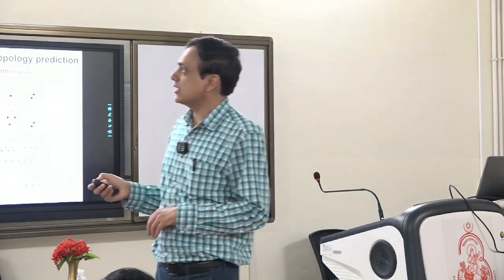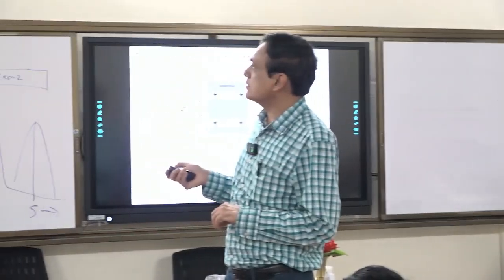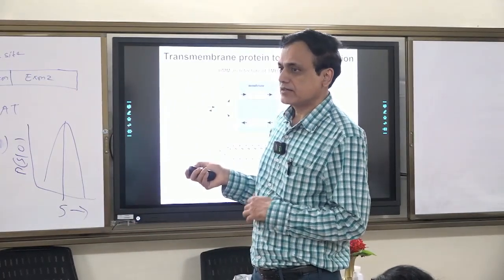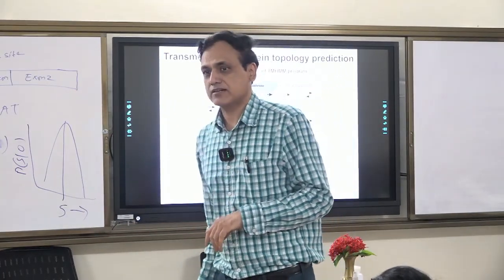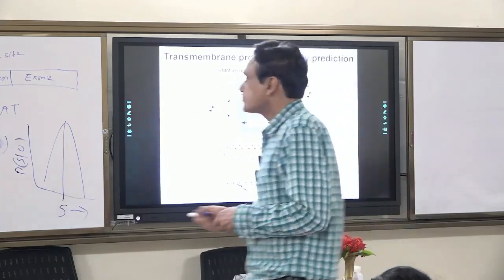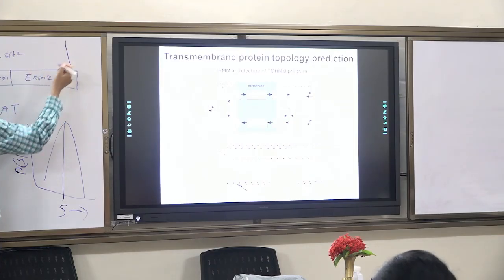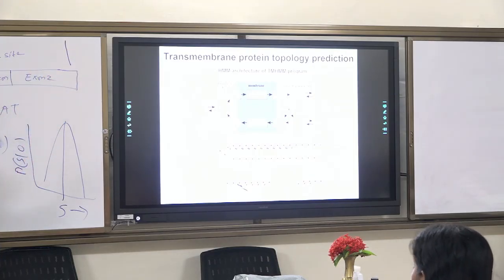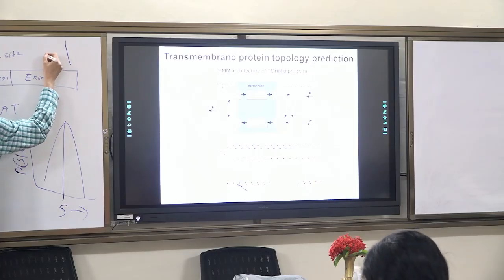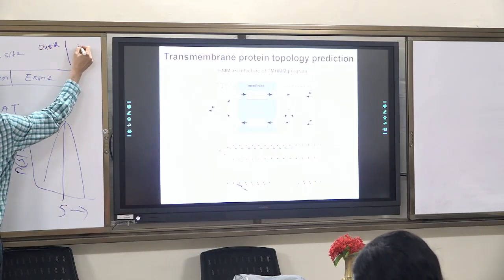Hidden Markov model has been used for transmembrane protein topology prediction. Transmembrane, you know, it spans the membrane. So let's say that this is the cell membrane, and this is outside of the cell, and this is inside of the cell.